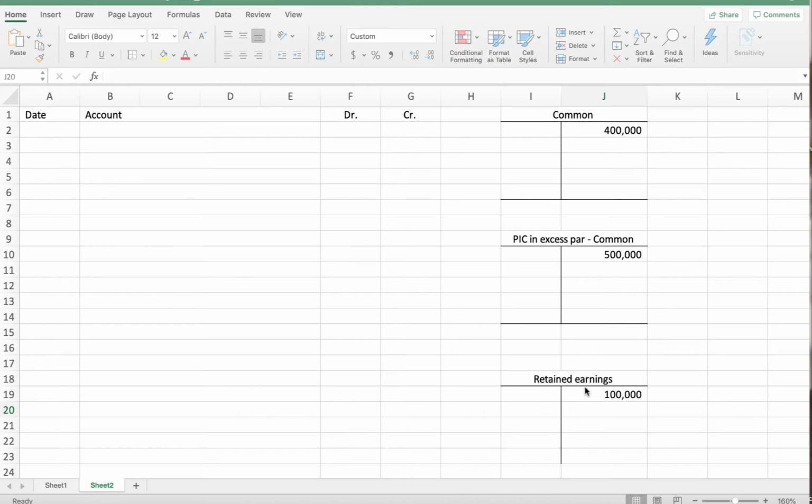Now we can go through and do our journal entries, right? We have a number of journal entries that show us either buying back stock off the market or selling stock from our treasury stock account, okay?